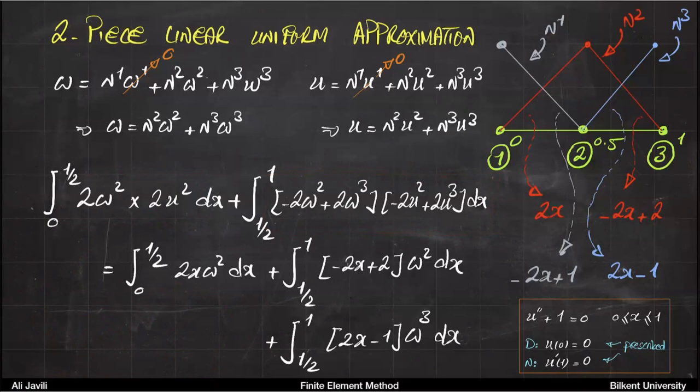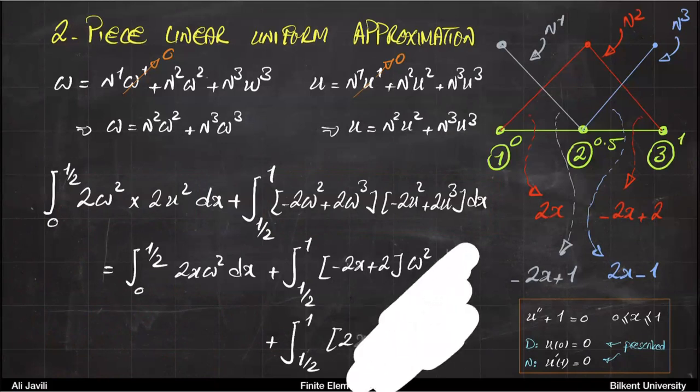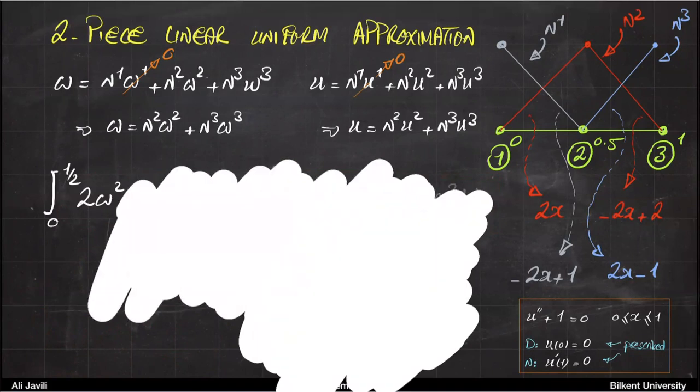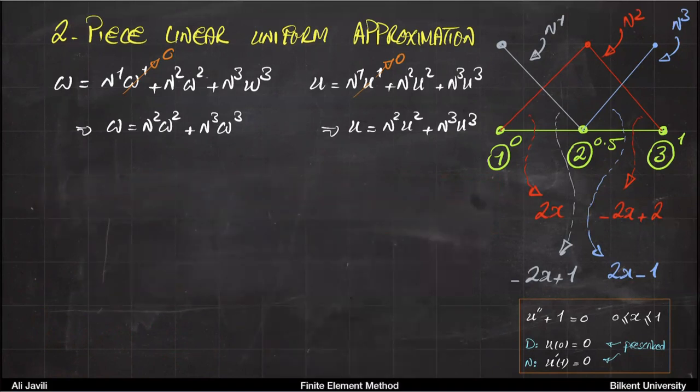So if you do this integration, and I skip through that step, but then again it's pretty straightforward. And by the way, later we are going to learn how to do these integrations numerically, so you don't have to worry about it really.